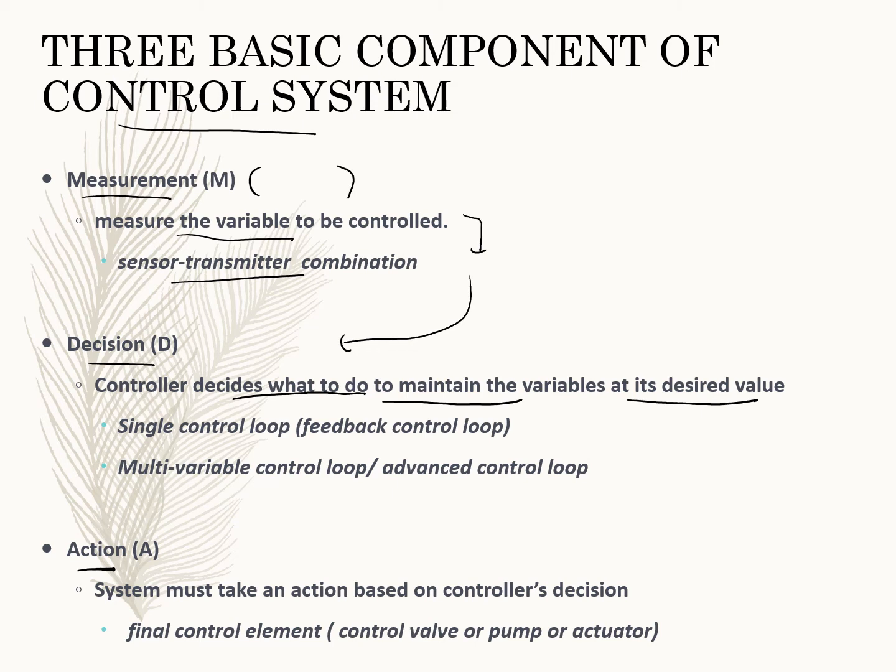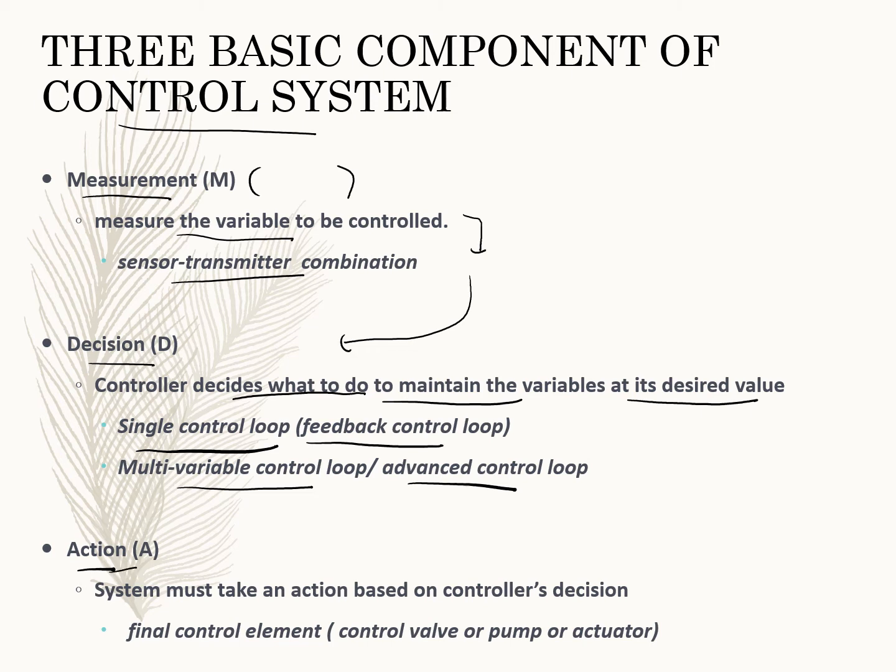Okay, later on I will show in a figure so that you can get the understanding about this. Normally the component for the decision maker is a single control loop, which is a feedback control loop, multi-variable control loop, or advanced control loop. Lastly we have action.